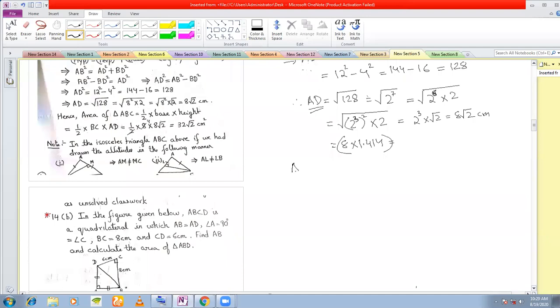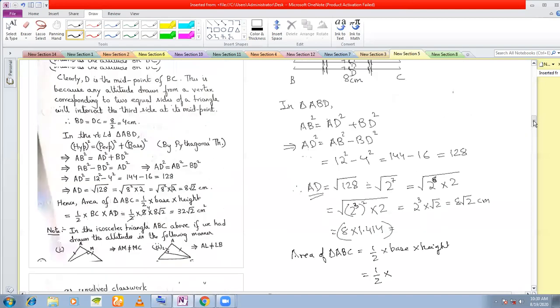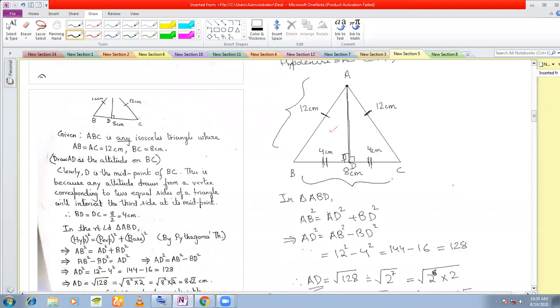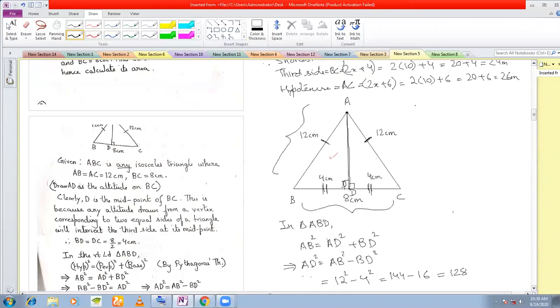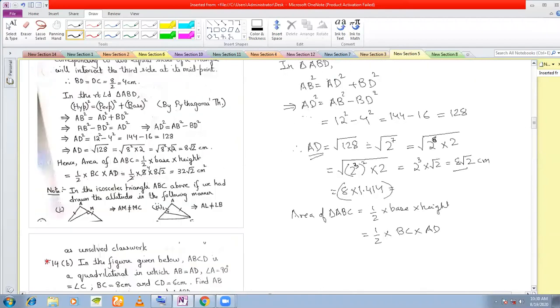Area of triangle ABC is half into base into height. Base is your BC, which is given to be 8 centimeters. And height is your AD, which we have found out to be 8 root 2.